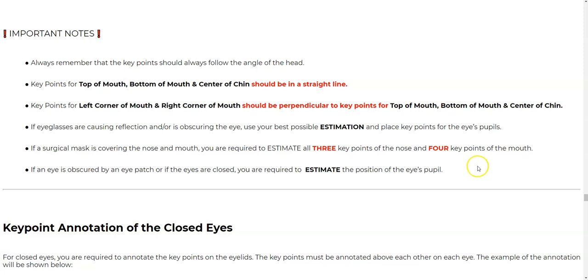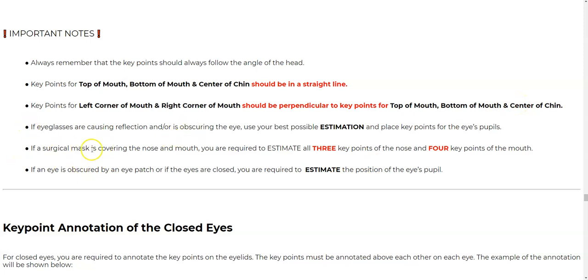So important notes, always remember the key points should always follow the angle of the head. Key points for top of mouth, bottom of mouth, and center of chin should be in a straight line. Key points for left corner of mouth and right corner of mouth should be perpendicular to key points for top of mouth, bottom of mouth, and center of chin.